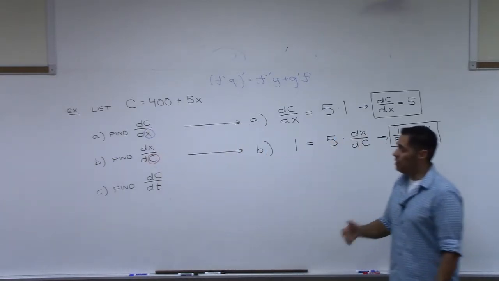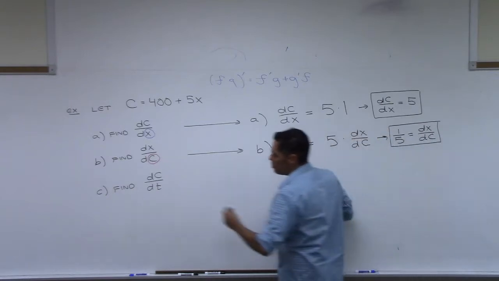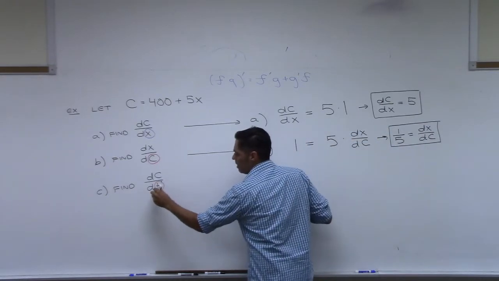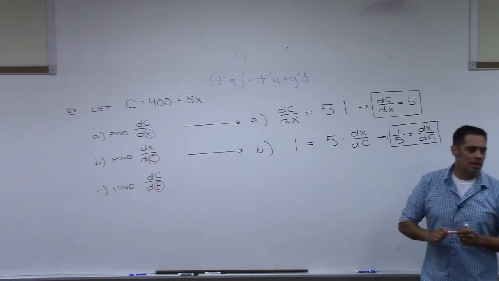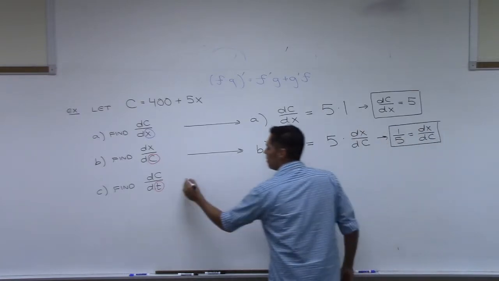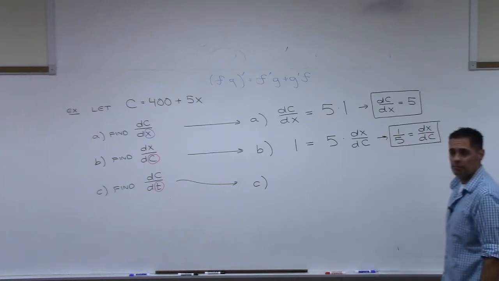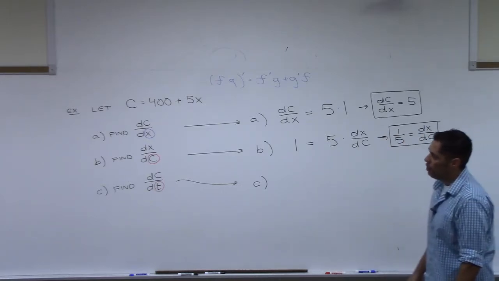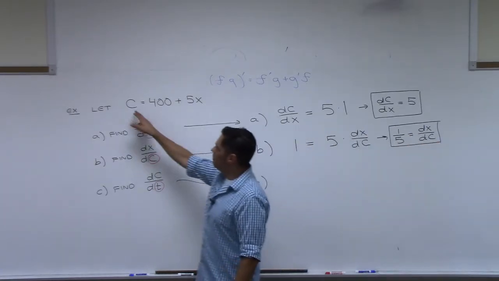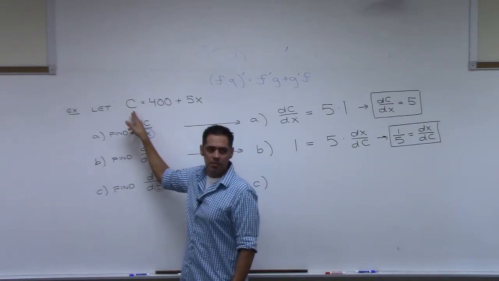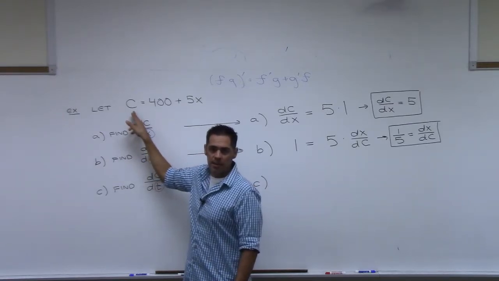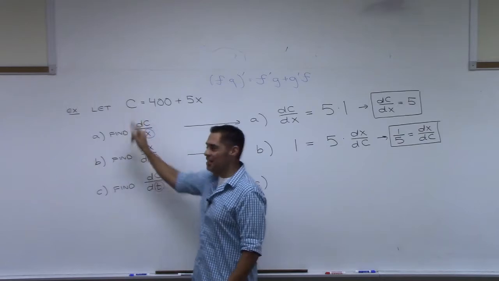Now the last one, we're differentiating with respect to t. And t does not appear anywhere in my equation, right? So what is the derivative of c with respect to t? dc dt.